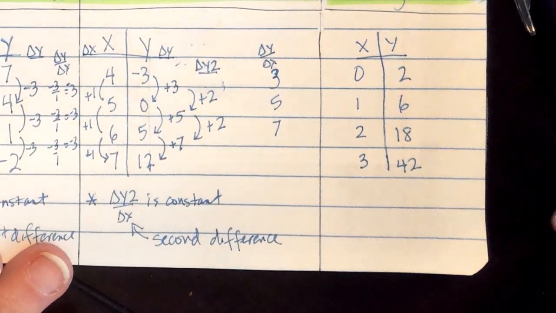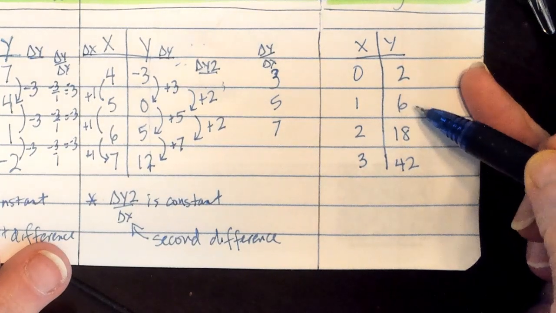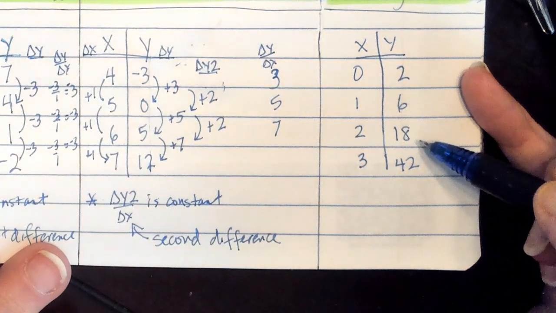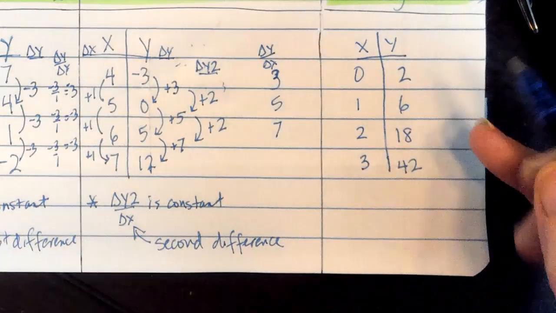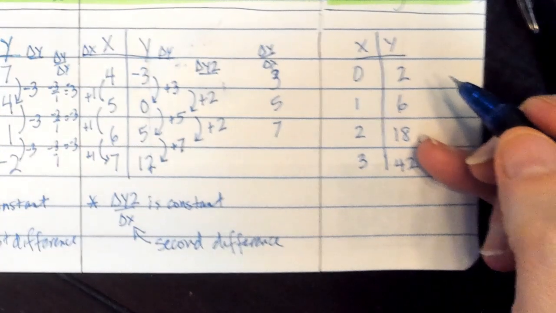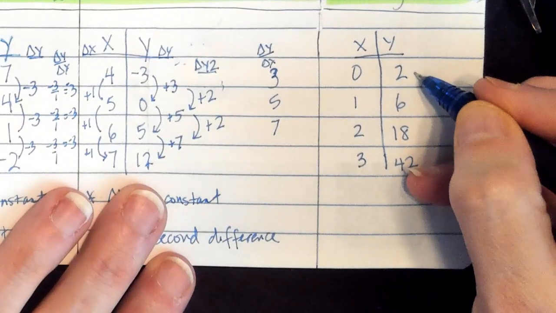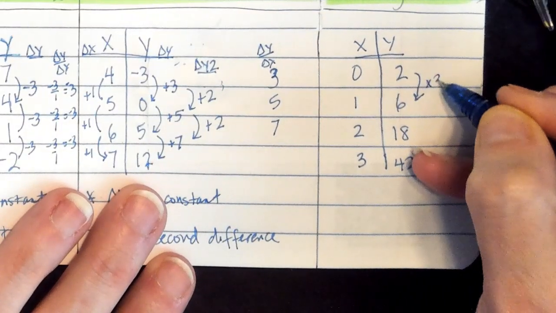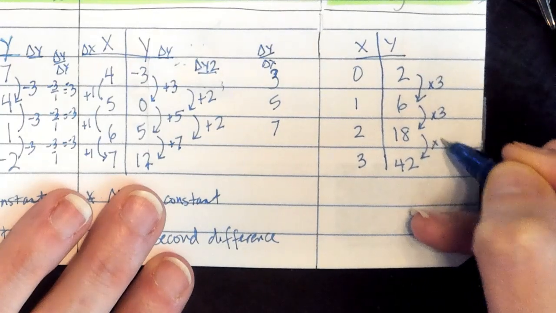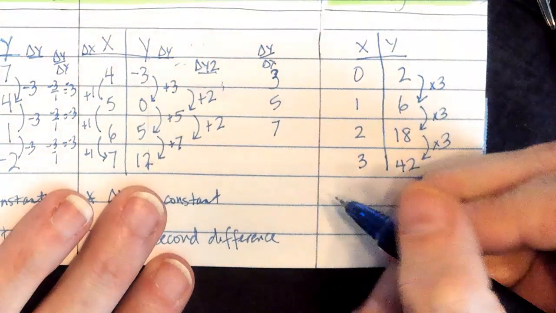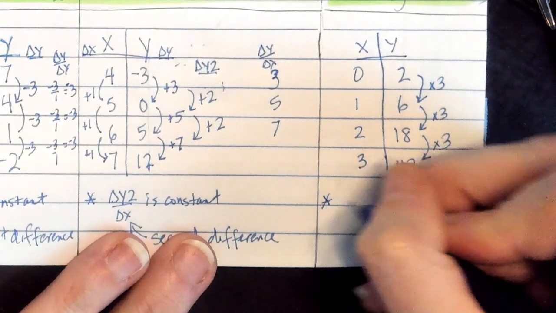Now, if I added, 2 plus 4 is 6, but 6 plus 4 is not 18. The next thing that we learned to do was to multiply. So instead of adding, I would say 2 times 3 is 6, 6 times 3 is 18, 18 times 3 is 54. So for an exponential function, there is no common difference.